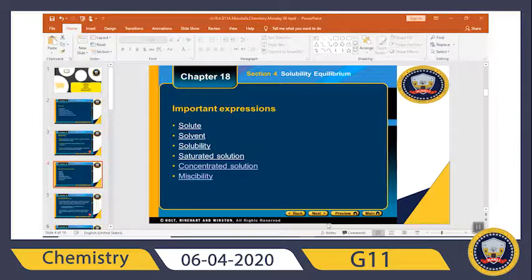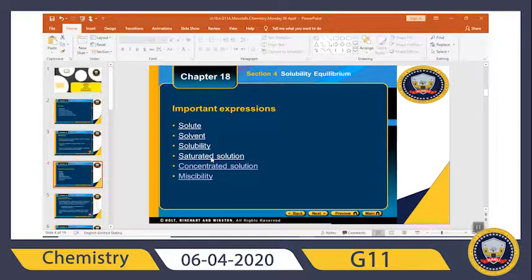The resulting solution is called a saturated solution. A saturated solution is a chemical solution containing the maximum concentration of a solute dissolved in the solvent. Additional solute will not dissolve in a saturated solution.